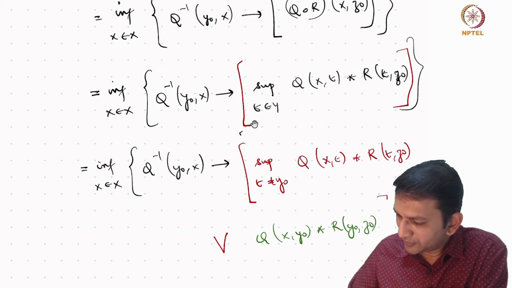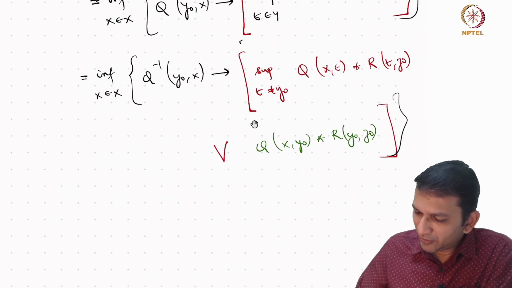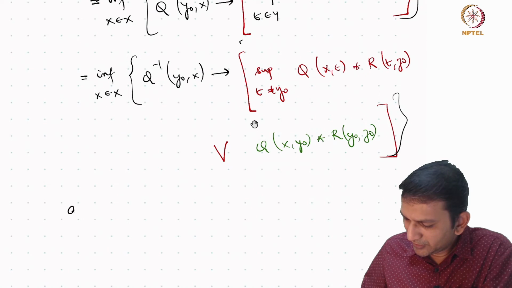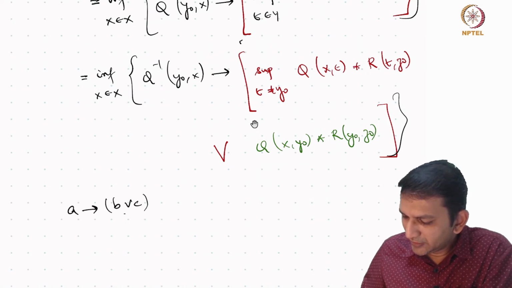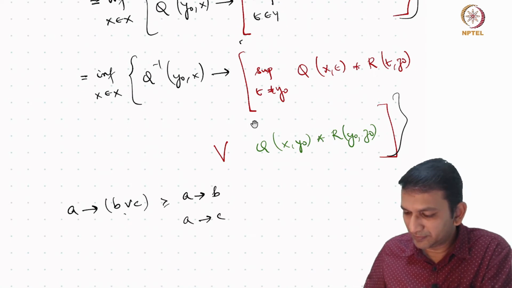Close this bracket. Now notice that for an implication A implies B or C, it is increasing in the second variable. So this is always greater than or equal to A implies B, also A implies C.